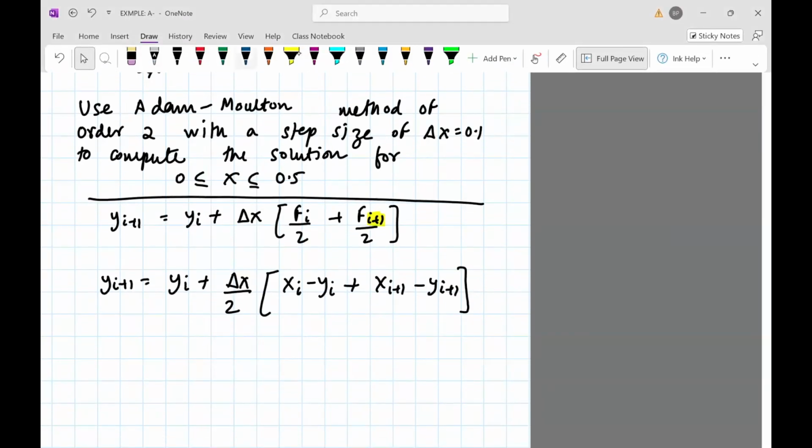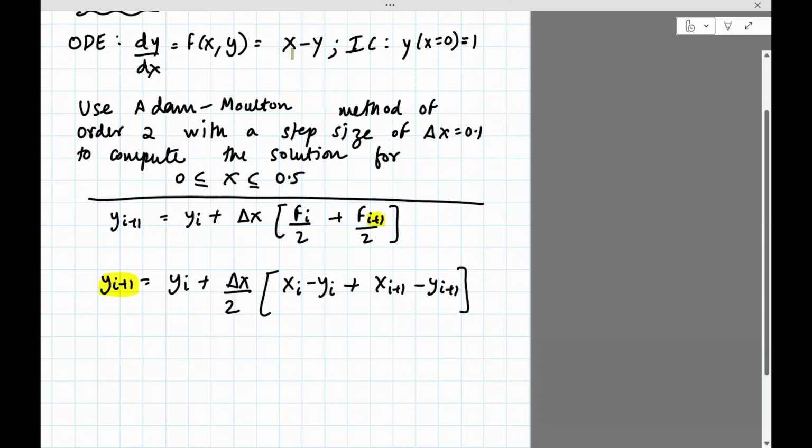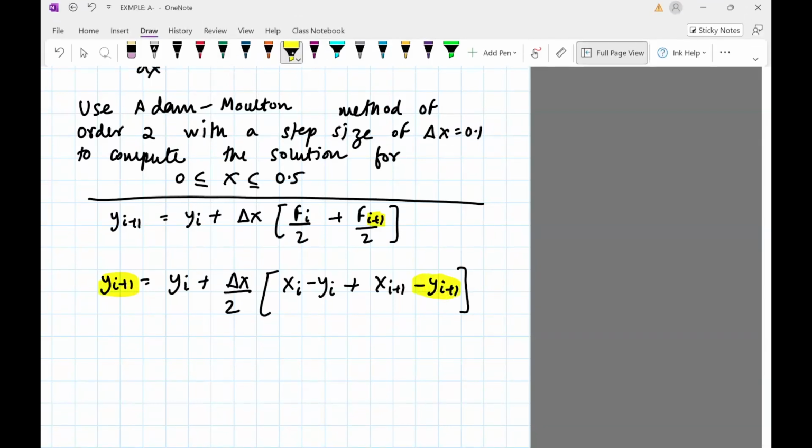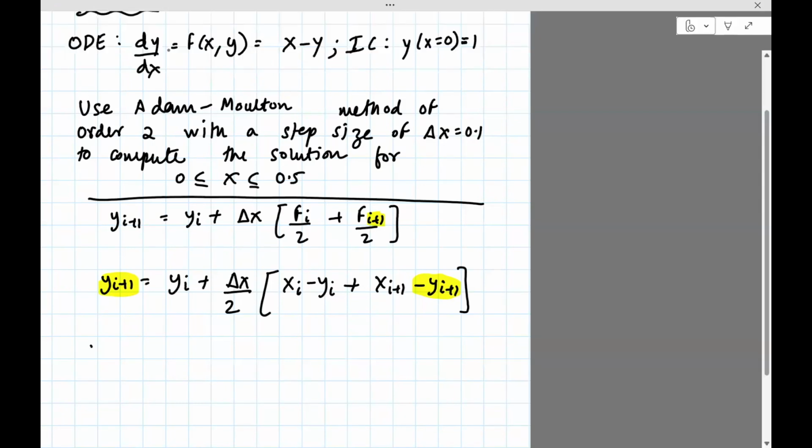What I'm trying to do is take this y_{i+1}, whose value I don't know, and club those two together. So here's 1 from here, and then this is going to be delta x divided by 2 with a minus sign, so it'll be plus delta x divided by 2. And then whatever remains here, you can put it all together.